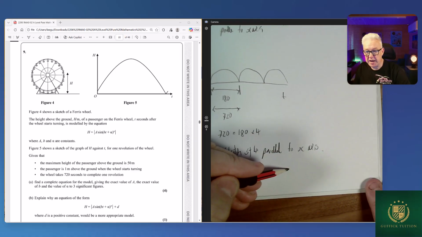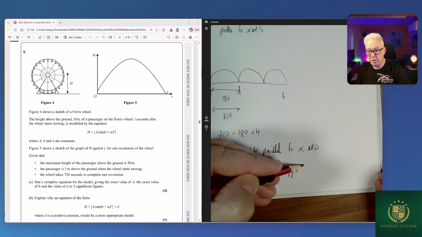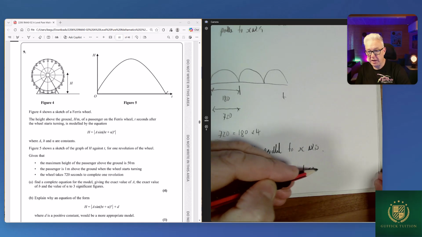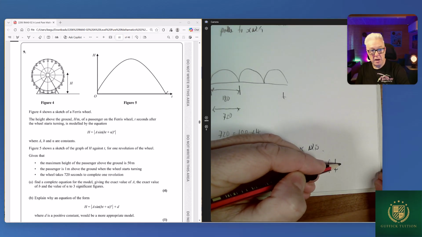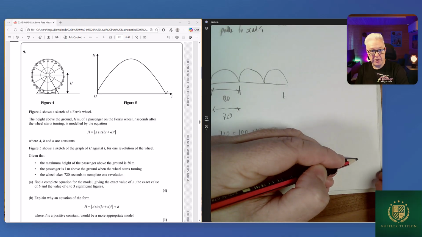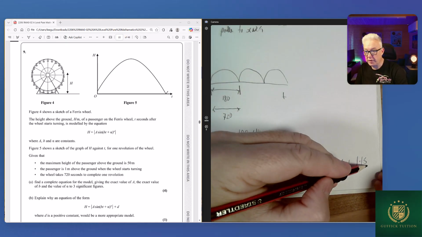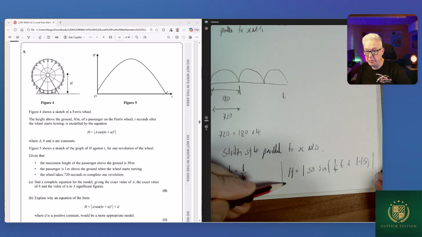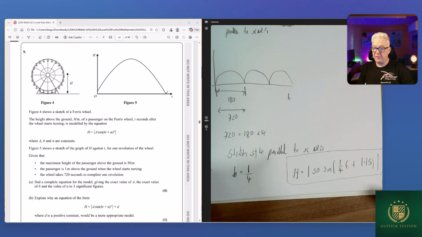So we can now say that h is equal to the magnitude of 50 times sine of a quarter t plus the alpha that we found earlier on, 1.15. And that is our complete model for the motion of the Ferris wheel. But super tricky finding that b.